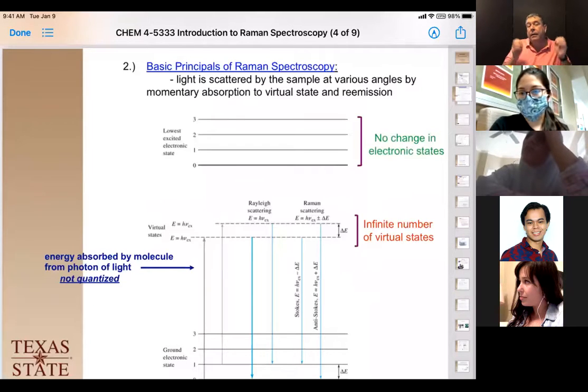Now in Raman spectroscopy, we're looking for that same scattering out of the angle of the directed light, but we're looking for a change in the emitted light. When there's a change in the emitted light, that means we've gone to different energy states. Number one, that change is our energy, and number two, it gives us two different types of transitions to look for.